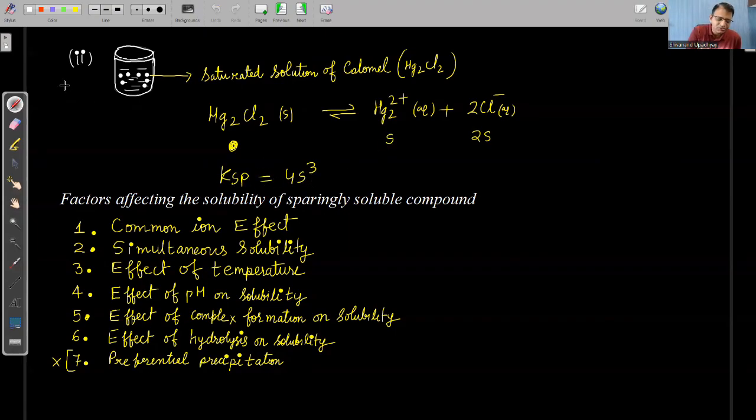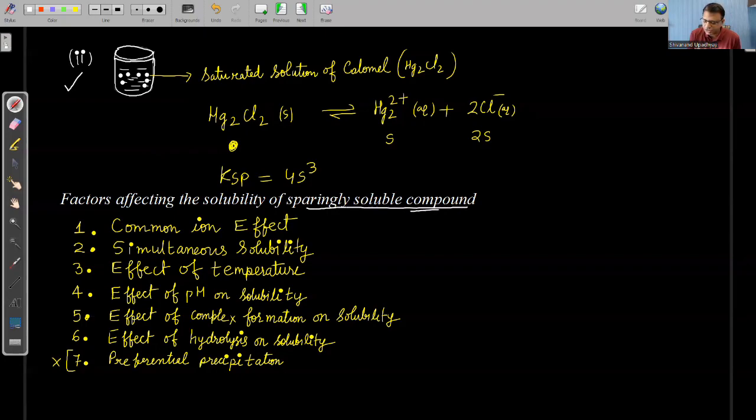So these are two typical examples where we have to be careful. Otherwise, things are simple regarding writing the relation between Ksp and solubility. Now, factors affecting the solubility of a sparingly soluble compound. There are 7 factors which can affect the solubility of a sparingly soluble compound.